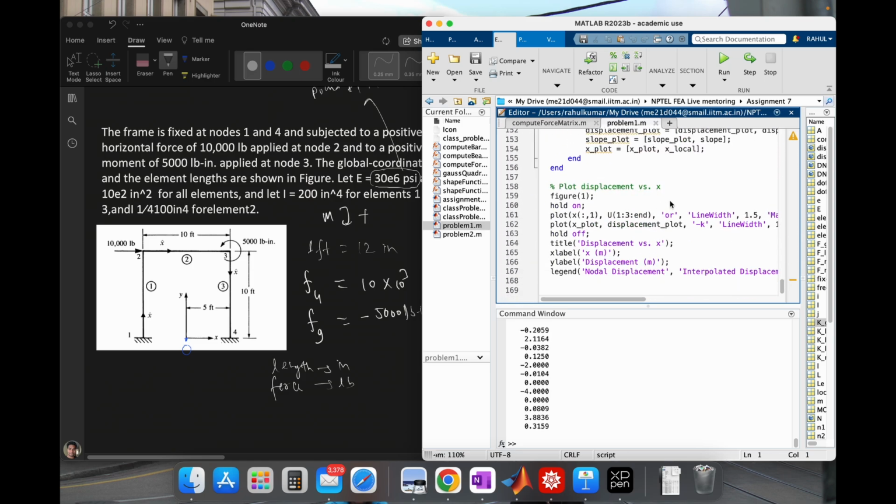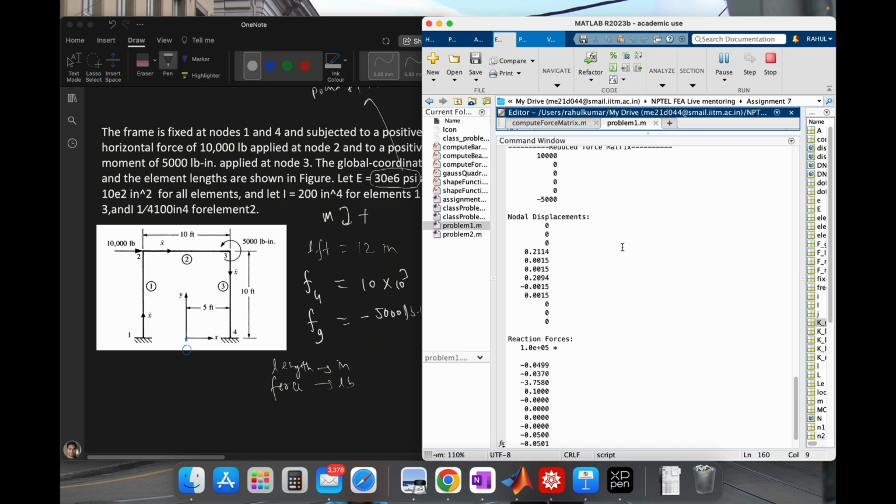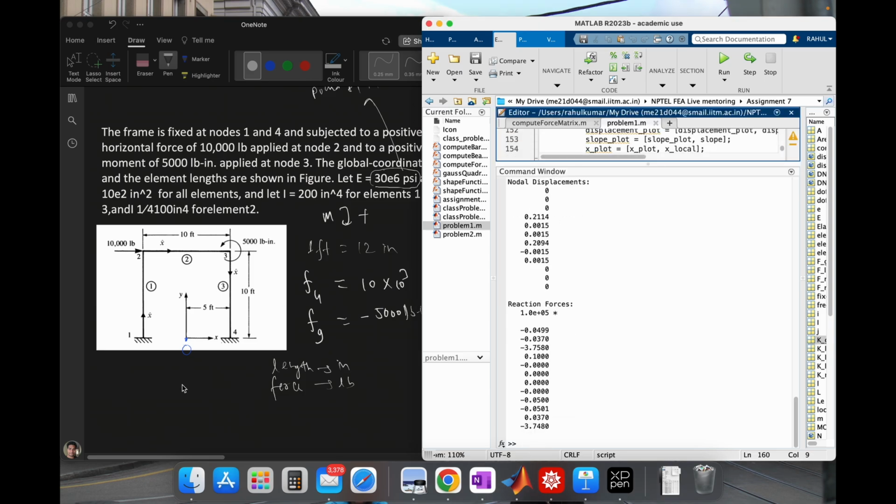Let's run this code. So yeah, this is the solution. You can see that at this node there will be no displacement, 1 2 3. Here there will be displacement. It's obvious that the displacement along the x-axis will be 2114 in this direction, and there will also be deflection.